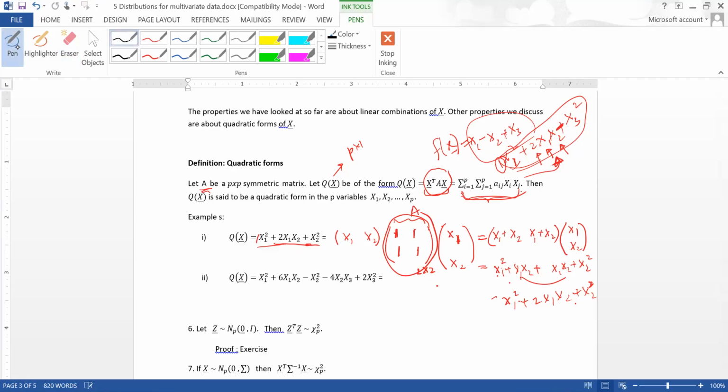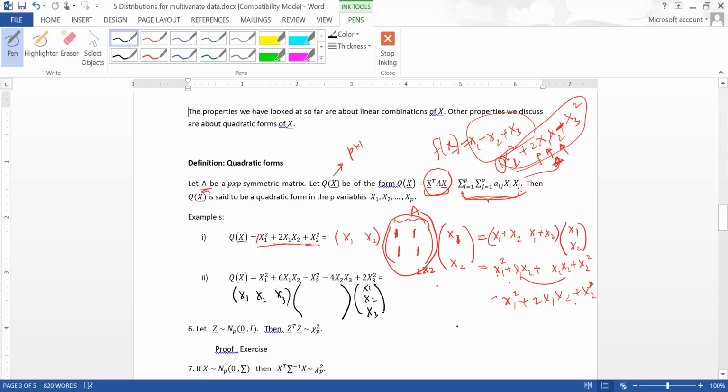Now, the next one, Q(x) equals x1 square, x1x2, x2 square, x2x3, x3 square. So you can see clearly x is a 3 by 1 vector there. We'll have x1, x2, x3, the matrix A, and again x1, x2, x3.